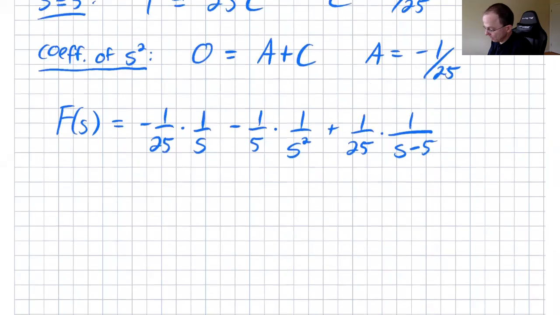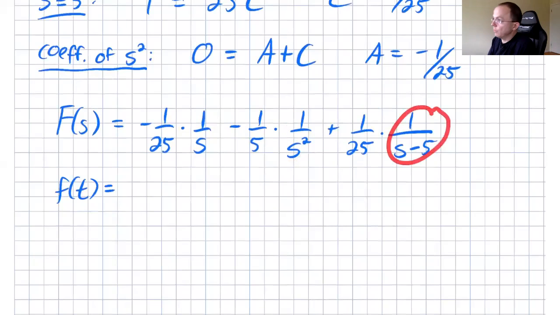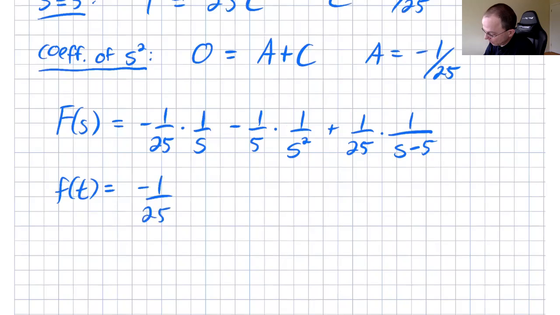Okay. So then using our table of Laplace transforms, this is going to be a 1, this will be t, and this is going to be e to the 5t. So we end up getting minus 1 over 25 times 1 minus 1 over 5 times t plus 1 over 25 times e to the 5t.